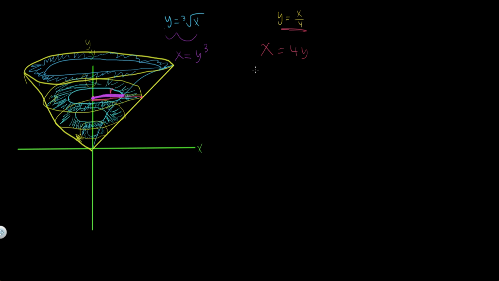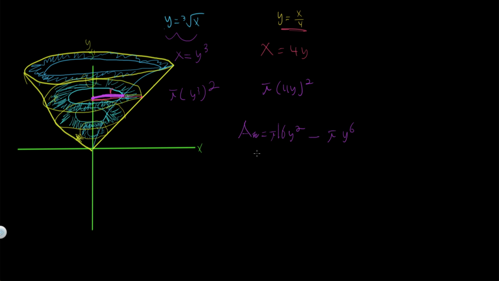The area of the full circle is just pi (4y) squared. The area of the inside circle is just pi (y to the third) squared. So the area shaded equals 16y squared pi, or pi 16y squared, minus pi y to the sixth.